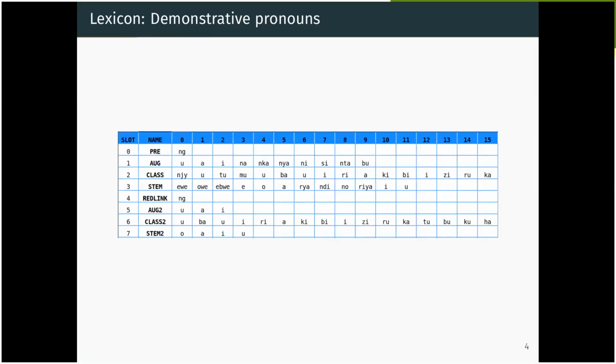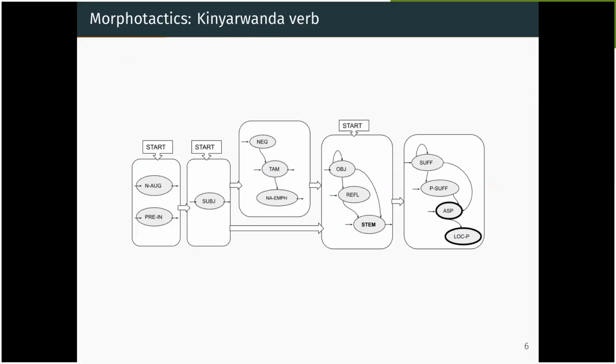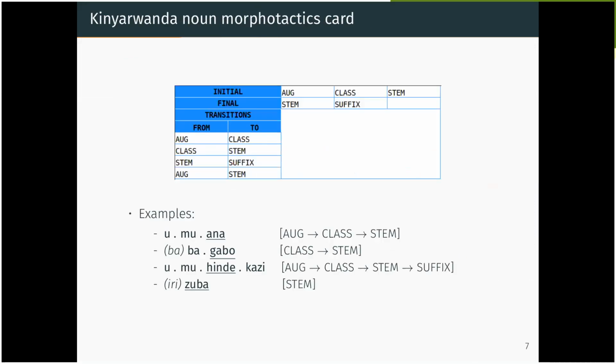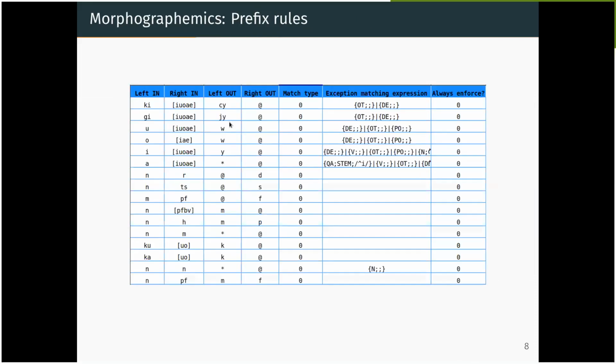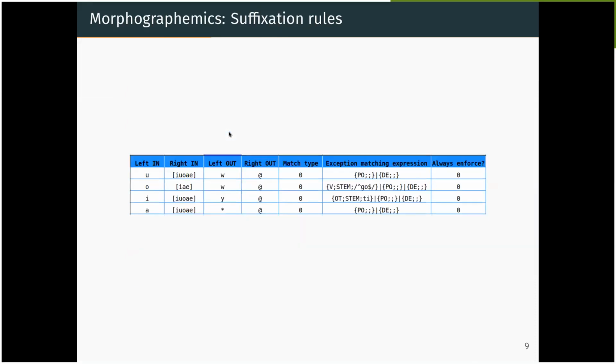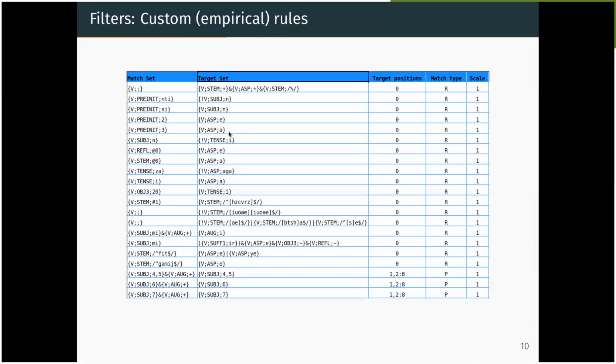You need to have a table of the lexicon, a table of the morphology, so a morphotactics card like this one, where you present the states and the transitions. And you also need to have the prefix and suffix rules. And also you have to filter.